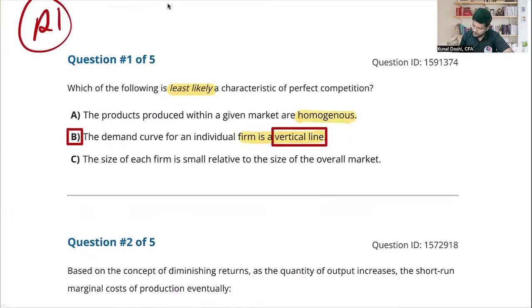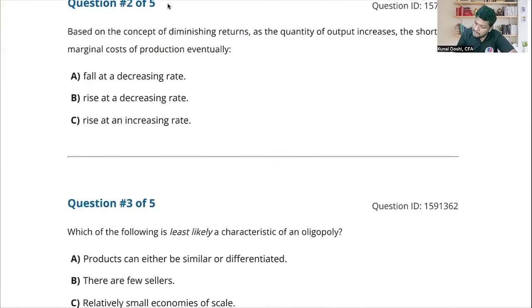Correct, everyone? Very good. Based on the concept of diminishing returns, as the quantity of output increases, the short-run marginal cost of production will eventually... This is something that many students have asked me doubts about. Now try to read it carefully. The concept of diminishing returns means your returns are decreasing as the output is increasing.